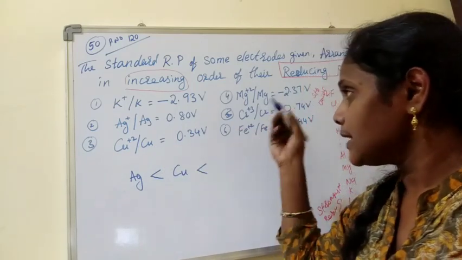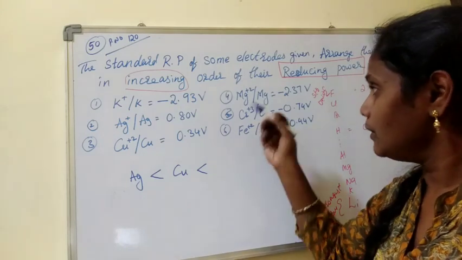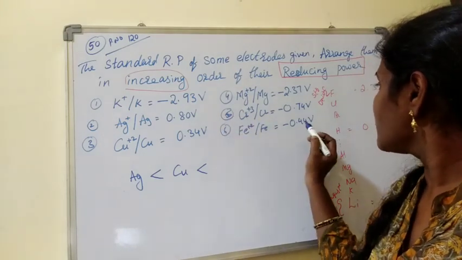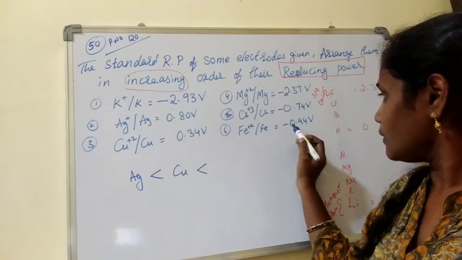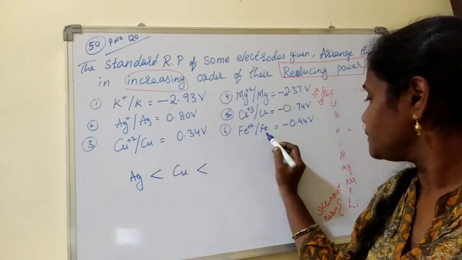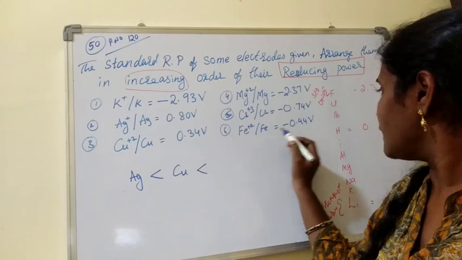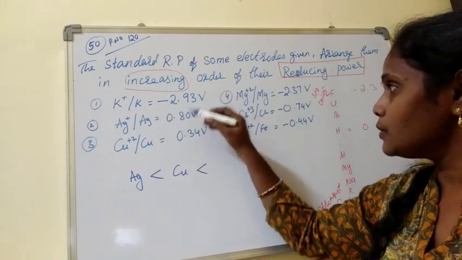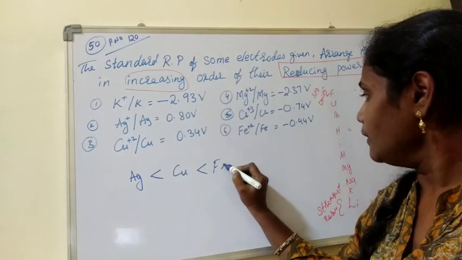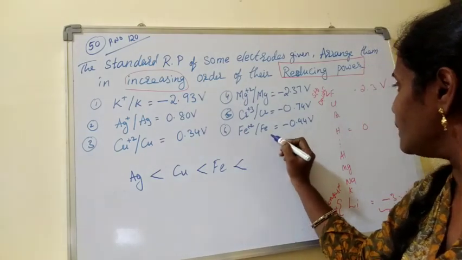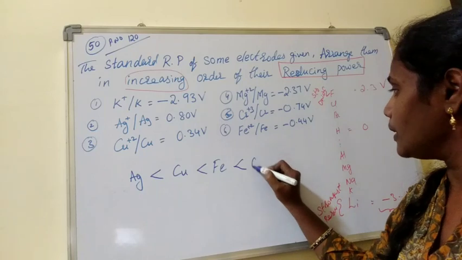Then next least value, after this who will come? Say minus values. Among the minus values here iron will come, right? This is having the high value. Higher values we are taking. So higher value iron. Then next higher value will become your chromium.